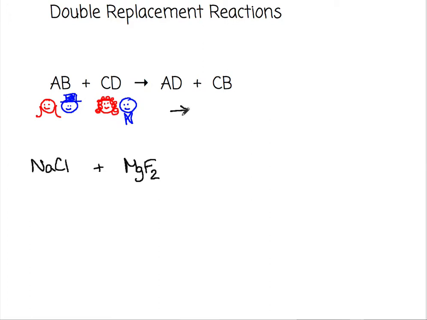Now, when they get to the dance, they decide they're going to switch partners. So when they switch partners, this girl goes and dances with this boy. The sodium goes and dances with the fluorine. So you end up getting a switch of dance partners.